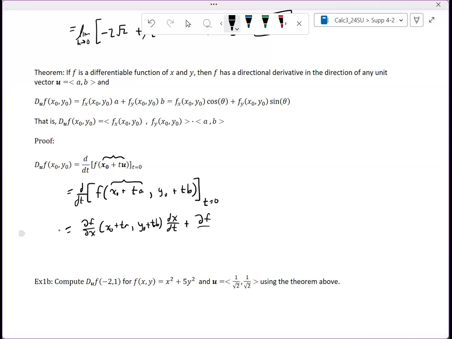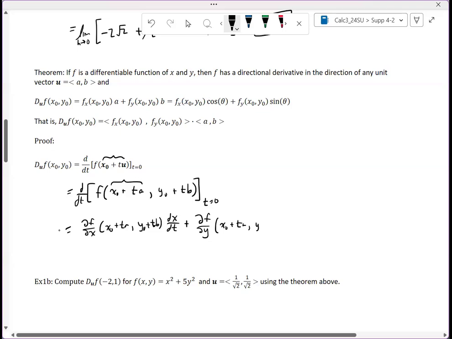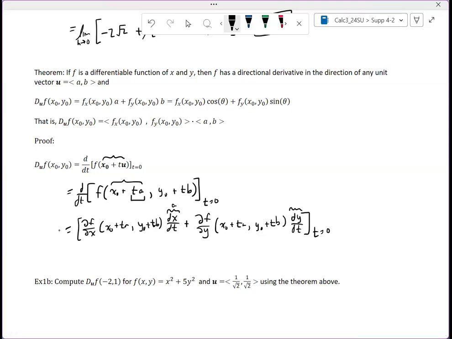And then plus partial f with respect to y of, just like before, x naught plus ta, y naught plus tb, and then similarly dy dt, using a normal derivative for the same reason as I mentioned before, and all of that has to be taken when t equals 0. But dx dt is just a, and dy dt is just the constant b.